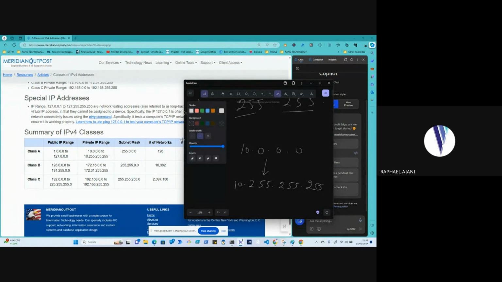Remember that I said this increases from left to right. Between this number 0 in decimal is 0.0000000. 1, 2, 3, 4, 5, 6, 7, 8.